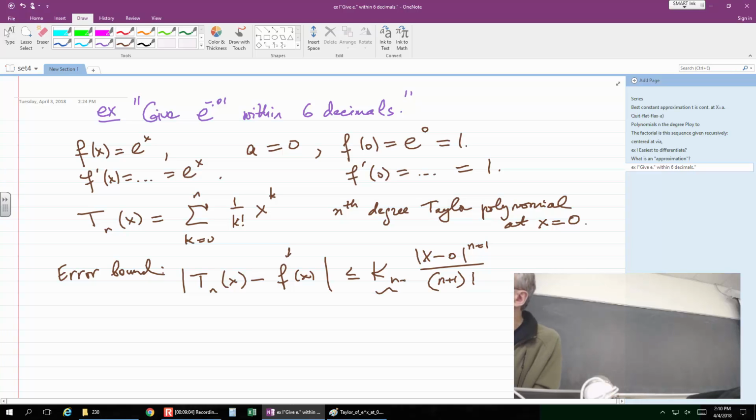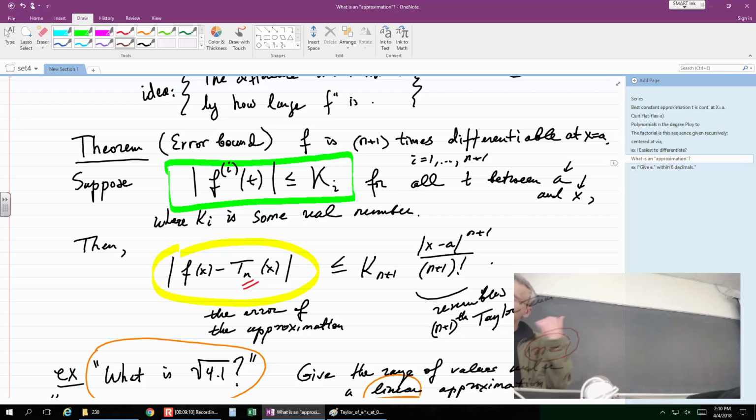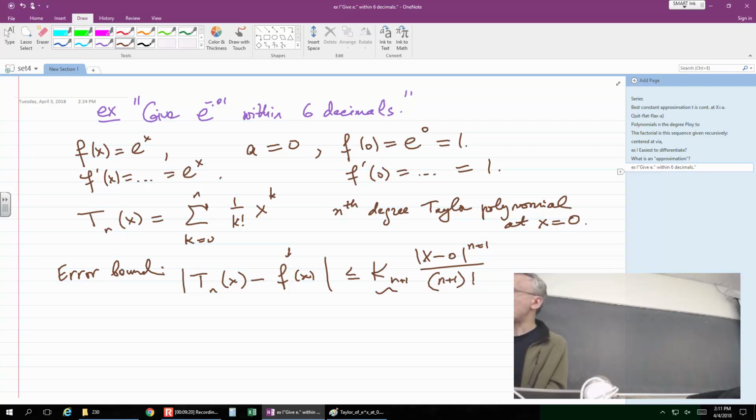Well, actually it's n plus 1 over here, and remember what it is, the estimate right here in green, the estimate of the n plus first derivative of the function. Fortunately, it's the same function, so we can easily estimate.